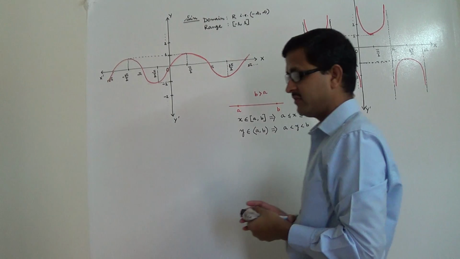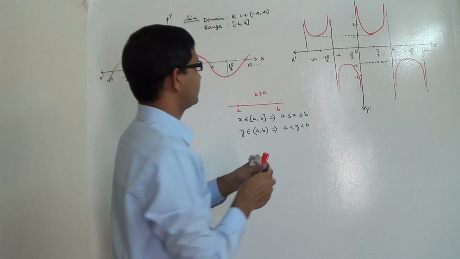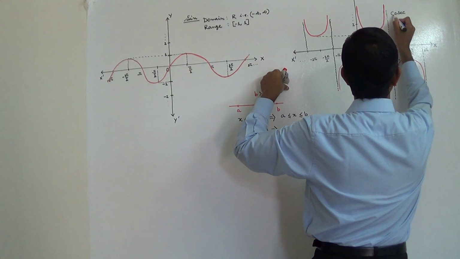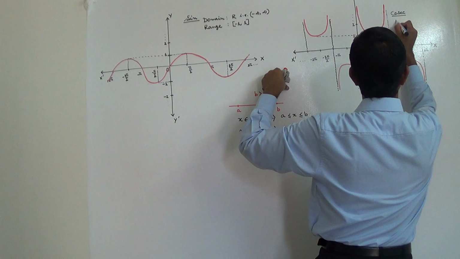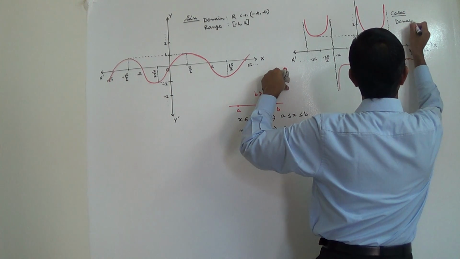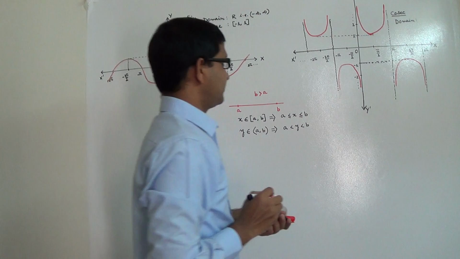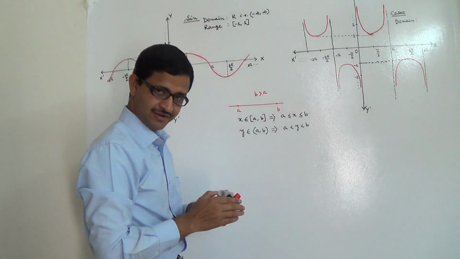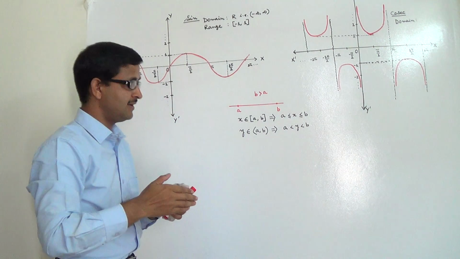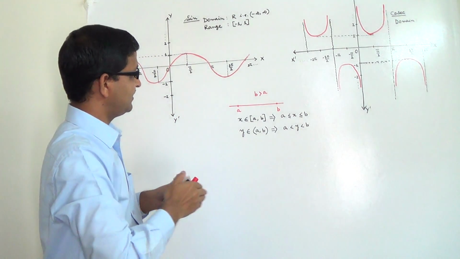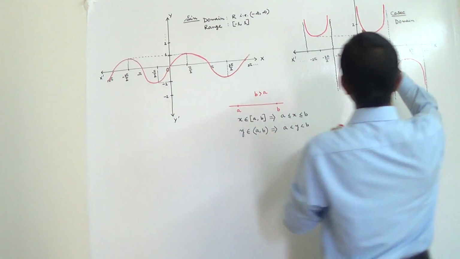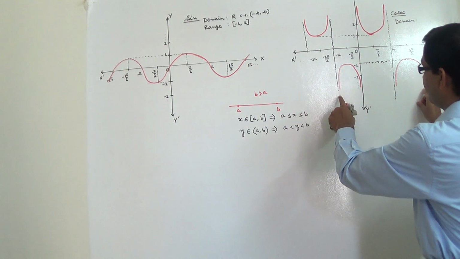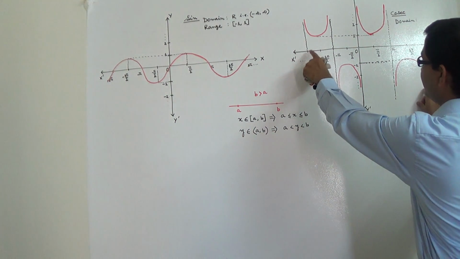So what is the domain and range of the function cosec? Okay. So what is the domain? Domain is any real number except these points 0, pi, 2 pi, -pi, -2 pi, like this.